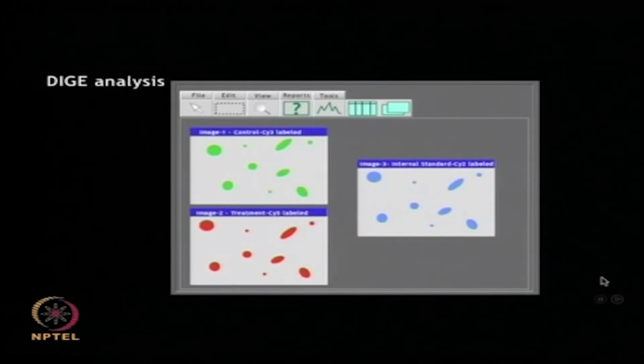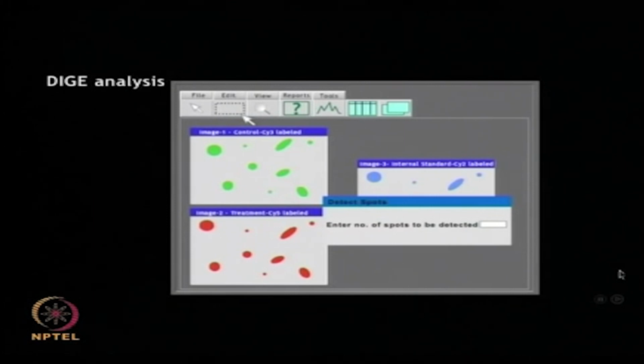It can compare 3 gels simultaneously, for which one is typically the pooled internal standard containing all spots labeled with Cy2, and your control and treatments are labeled with either Cy3 or Cy5. Any changes implemented in one gel, such as cropping, spot selection, etc., will be implemented across all the 3 gels in DIGE.